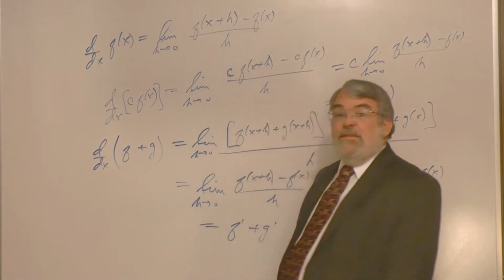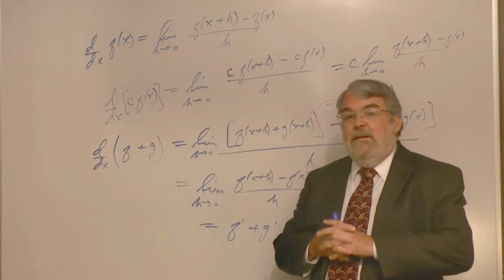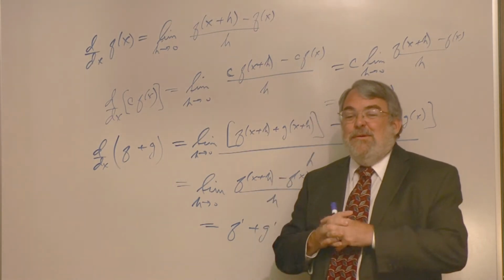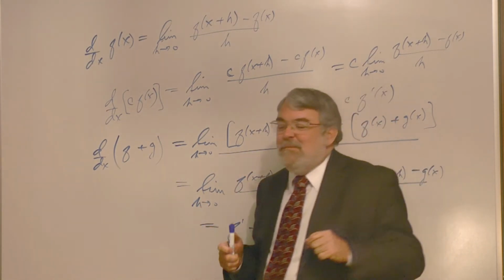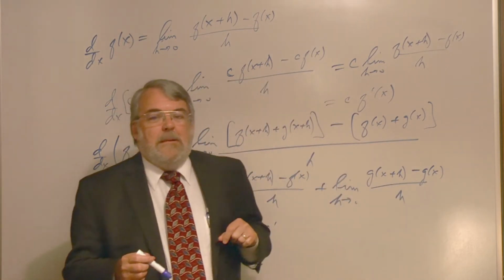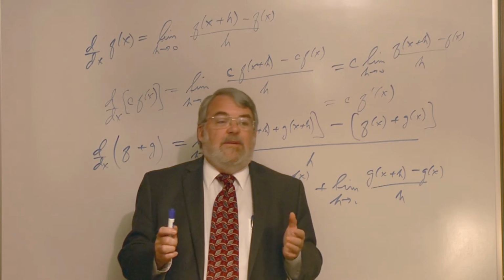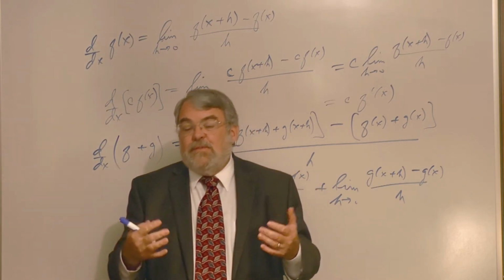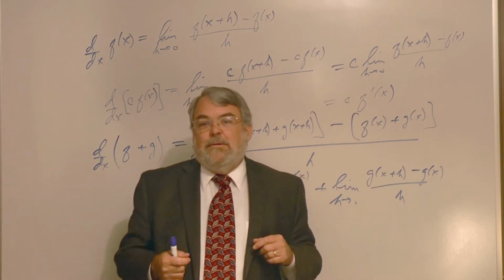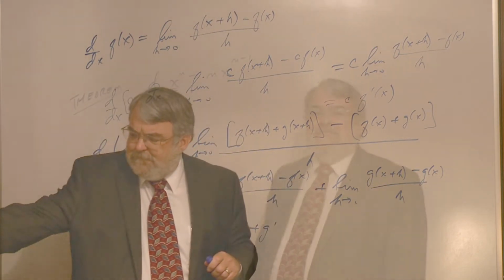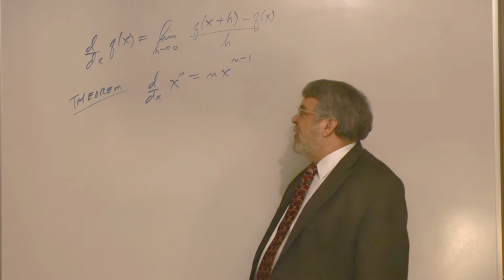All right, so I'm going to erase this mess, and I'm going to tackle the big one, the derivative of x to the nth power. I can't prove the whole theorem right now, but I'm going to get started on it. I'll show you parts of that theorem, and as we build up some more derivative rules, we'll eventually be able to prove the whole thing. So here's our theorem that we've been using.